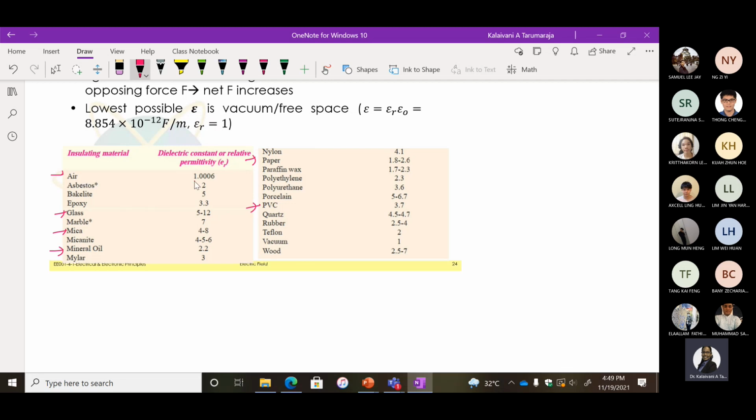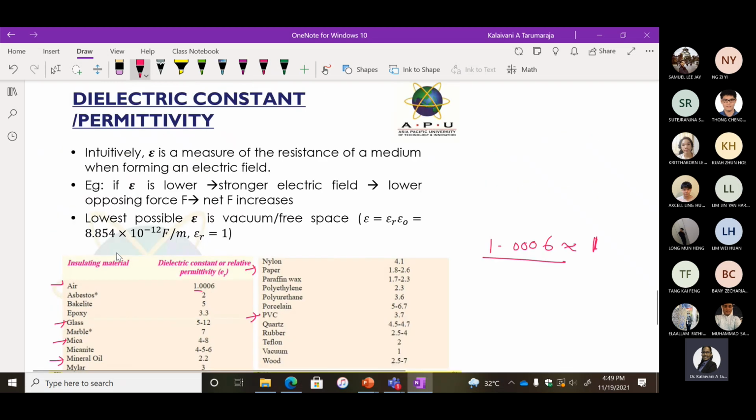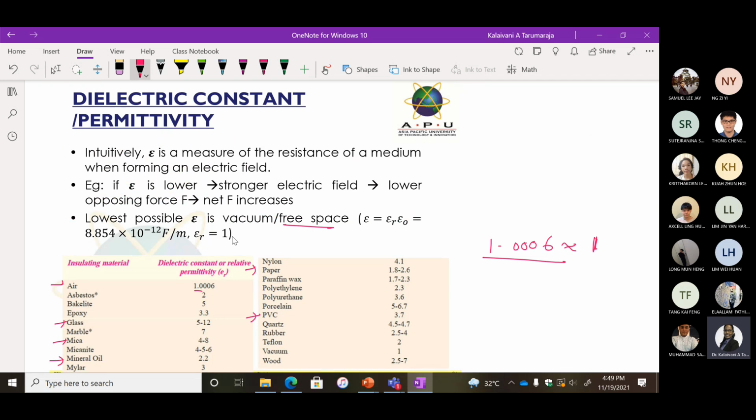For example, air equals 1. Even though they highlighted 1.0006, we always take the answer as 1. That is why for free space, air, or vacuum, always take note it is 1.